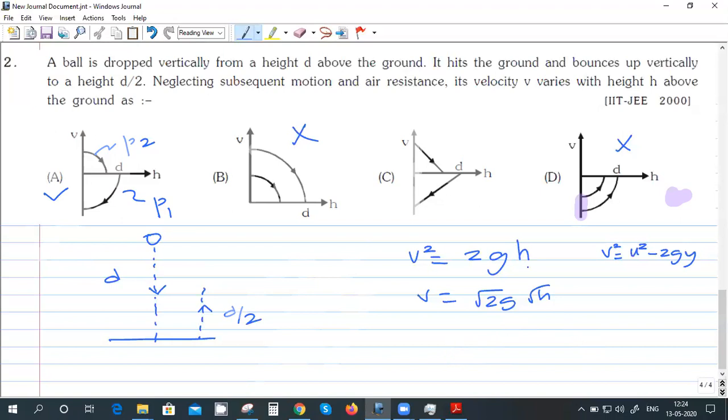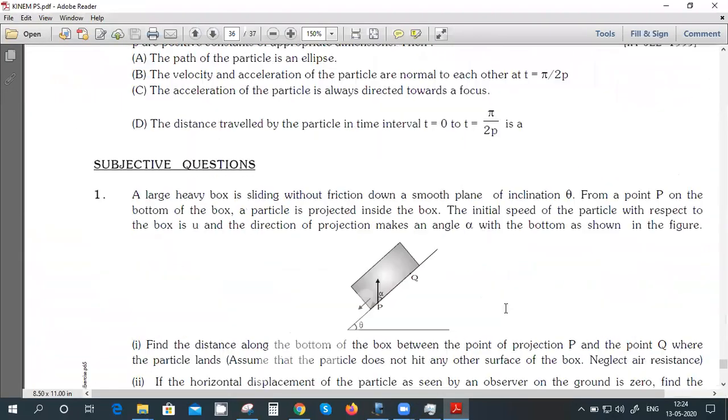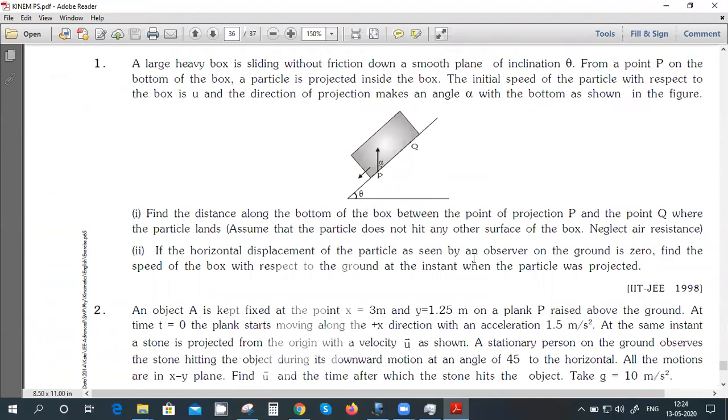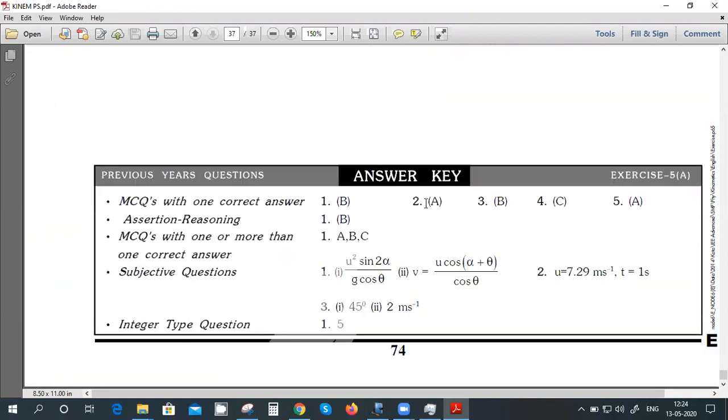It's the same as v squared equal to h, which is a parabola about the x-axis. A parabola is usually like this, v equal to x squared, but when you interchange the axes, it becomes a parabola like this, with the horizontal axis. So this is that one. The answer is A.